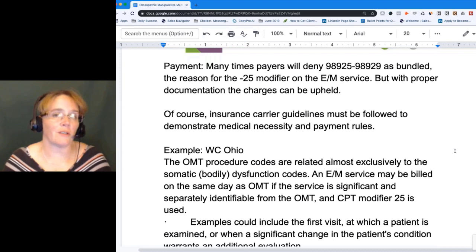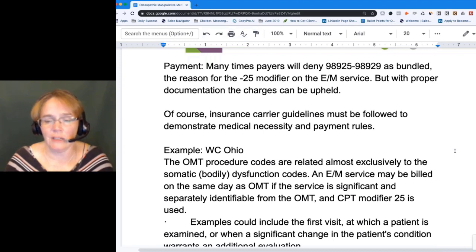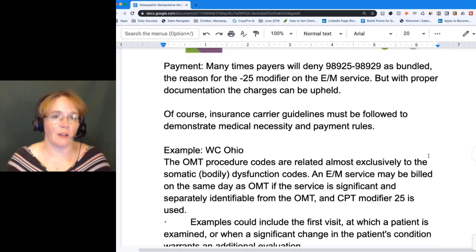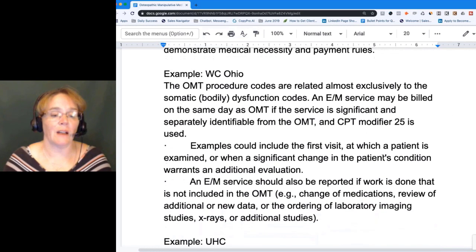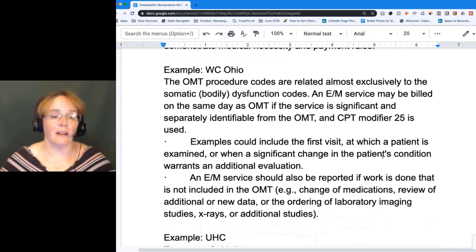Now, of course, insurances have their own guidelines. Maybe they only allow 2 a year, or maybe they only allow it for certain conditions, which is possible. And that's their choice as that insurance carrier. But remember, we're still going to report them because we do that for statistical reasons. So I did find a couple of examples. There's Work Comp Ohio. They say that you can do the E&M and maybe bill it on that same day.